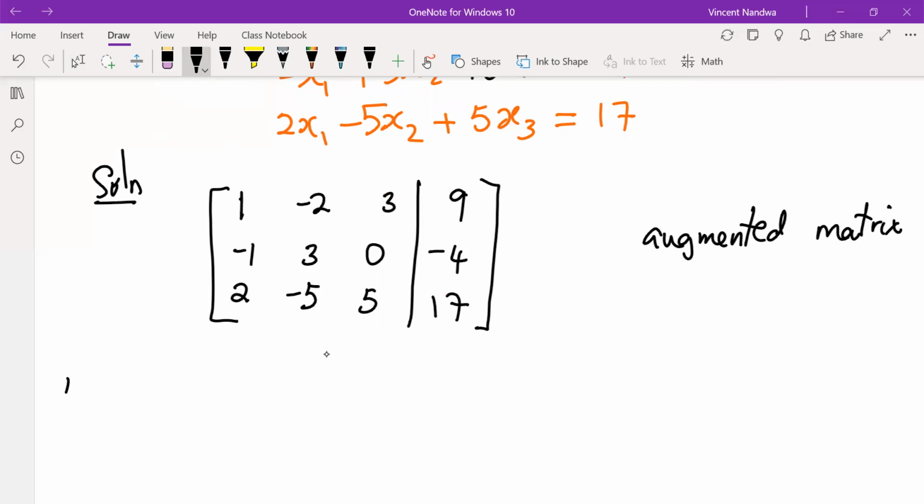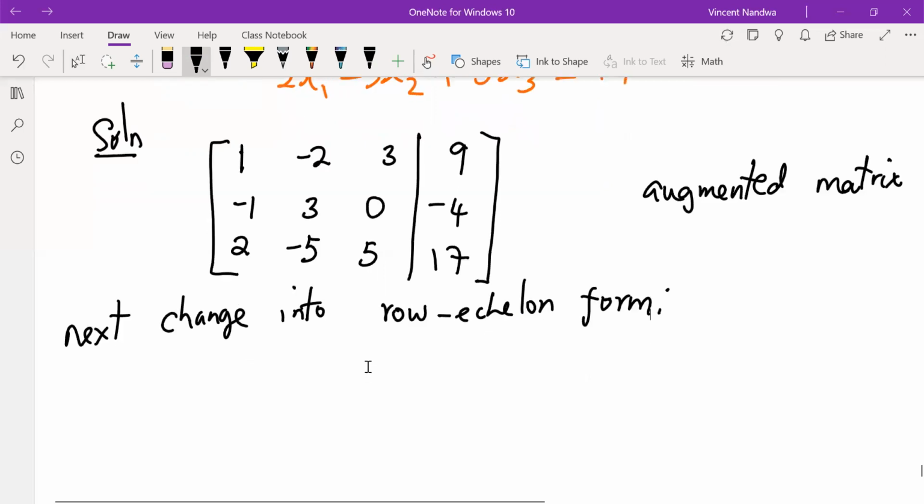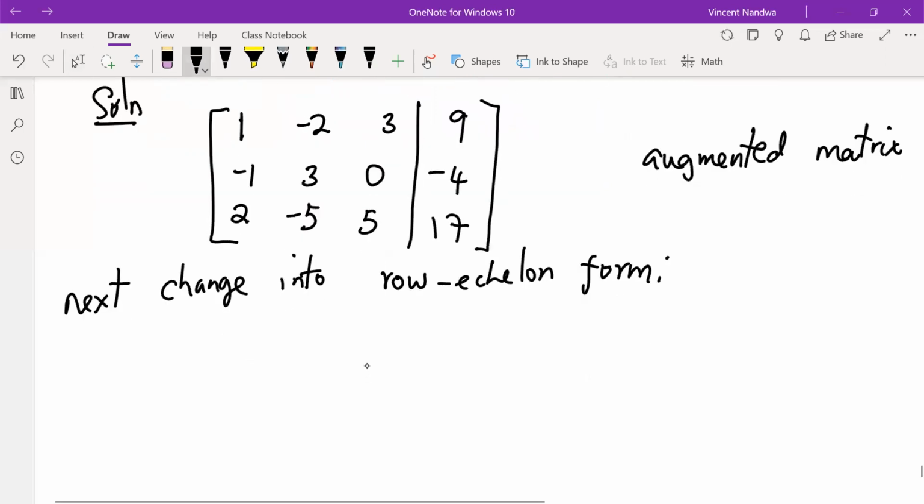So next, change into row echelon form. This being a 3 by 3 system, we expect to have 1, 0, 0 on the diagonal pattern 1, 0, 1, 0, 0, 1.